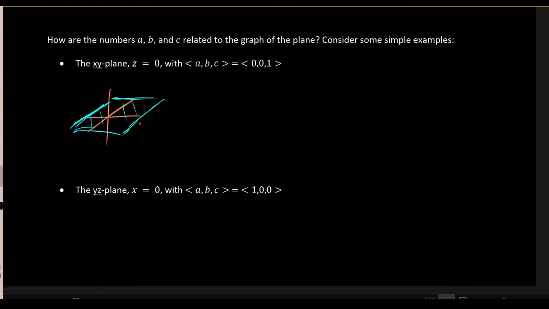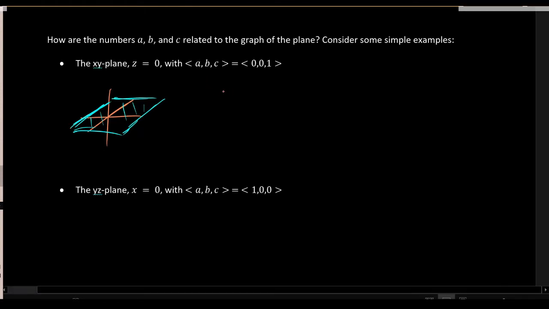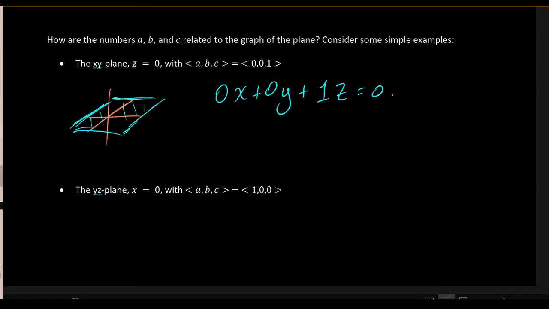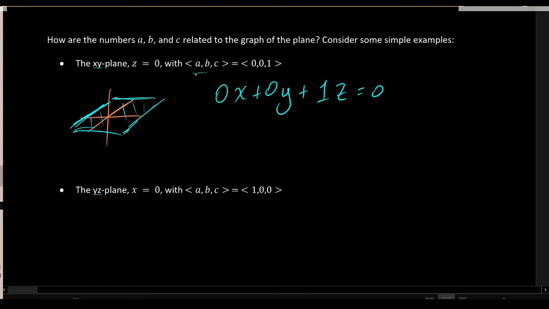Now for z equals 0, we can think of this equation as 0 times x plus 0 times y plus 1 times z equals 0, which means that the coefficient of x is a equals 0, the coefficient of y is b equals 0, and the coefficient of z is c equals 1. And I've expressed that in this notation here. The vector ABC is equal to the vector 0, 0, 1.